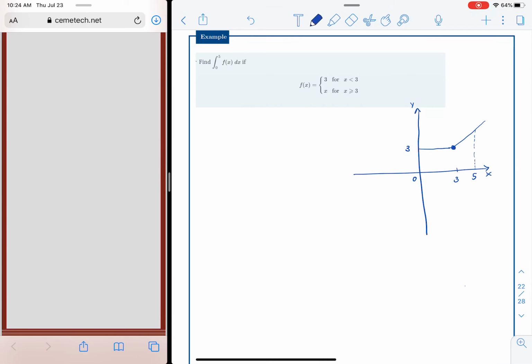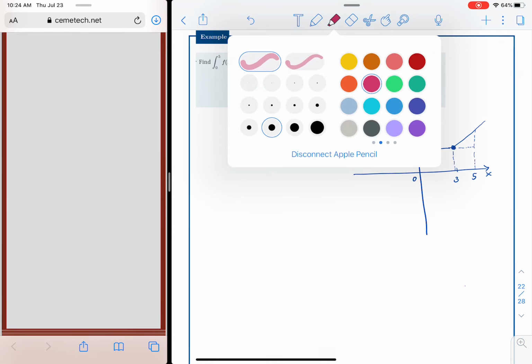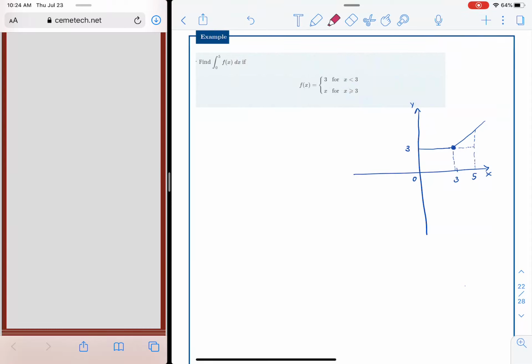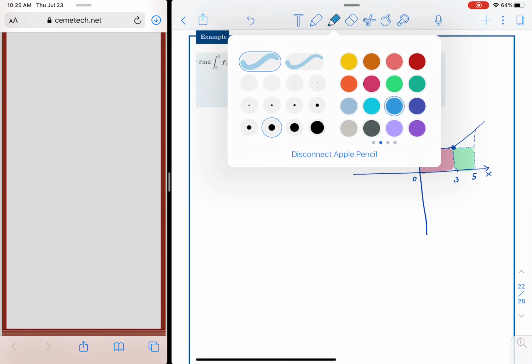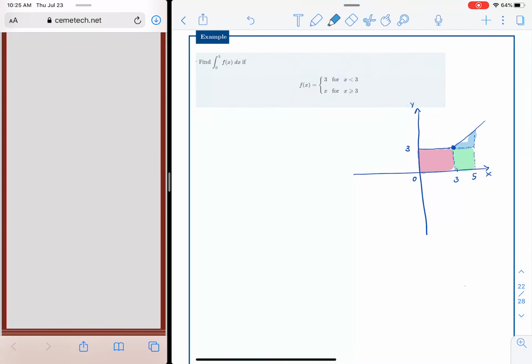You look at it and you say, well, how am I going to find the area? A little bit of geometric knowledge is what we need. So I'm going to draw a line like that and a line like that. So now I have an area here and another area there, and another area there.